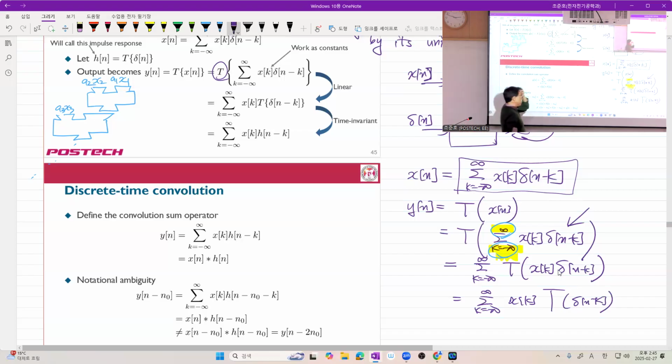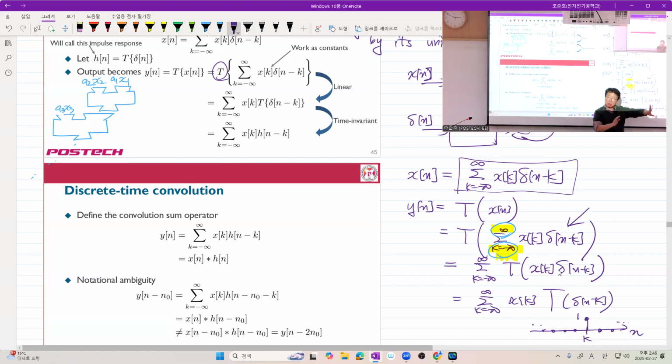Now, what is this factor, capital T of delta of n minus k? What is delta of n minus k? As a function of n, at n equals k, its value is 1. At all the other time instants, the values are zeros, right? Now, this is the input to the system, named T. So it goes in 0, 0, 0, 0, 1, 0, 0, 0.